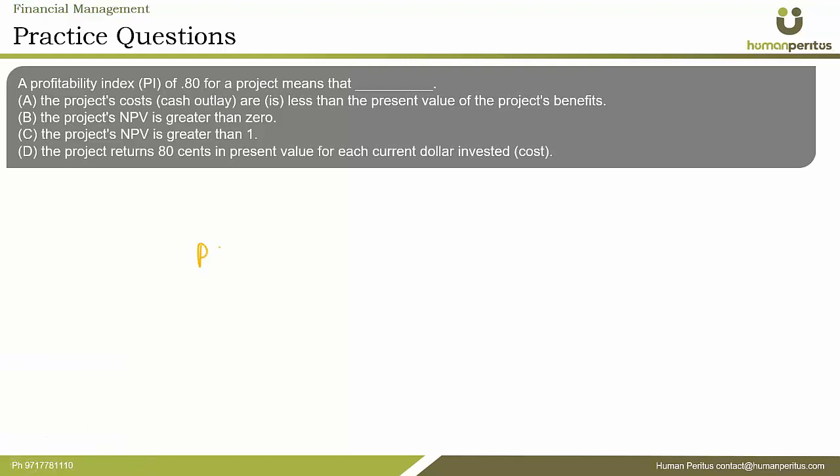Profitability index is the present value of all cash inflows divided by the present value of cash outflows. First option: project cash outlays are less than the present value of cash flows. Of course not. Second: project NPV is greater than 0. Of course not. In fact, it is less than 0. Why? Because PI is less than 1.